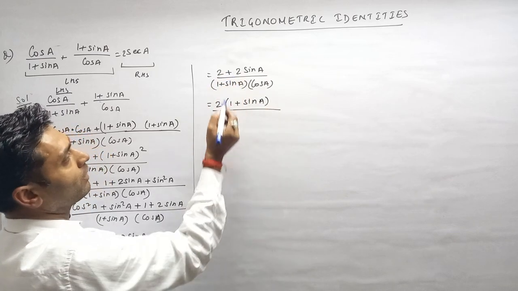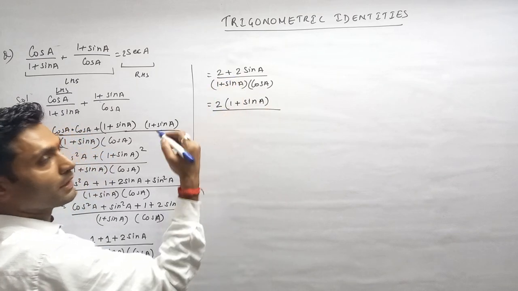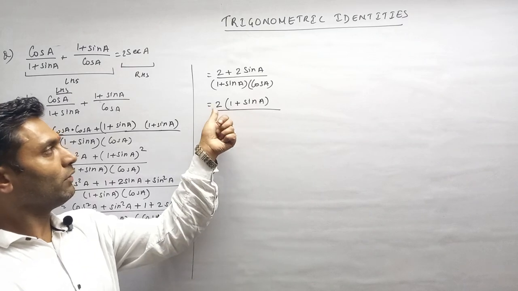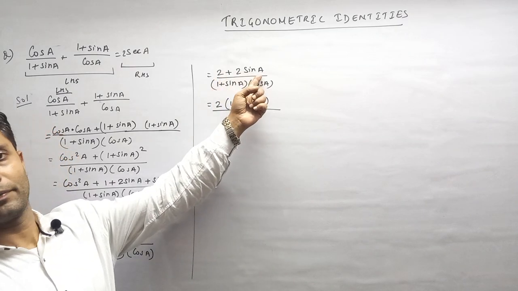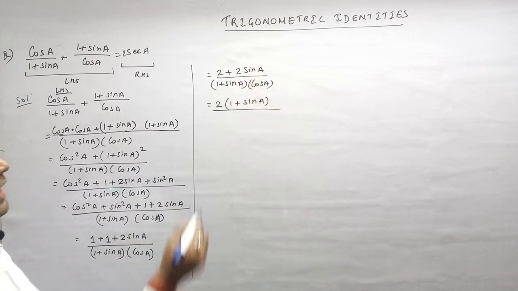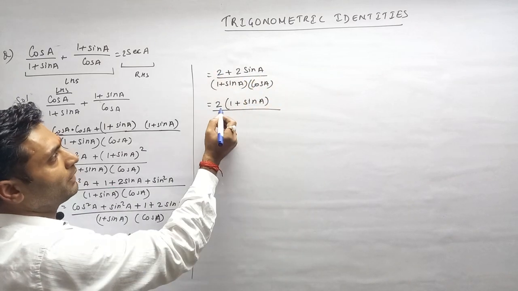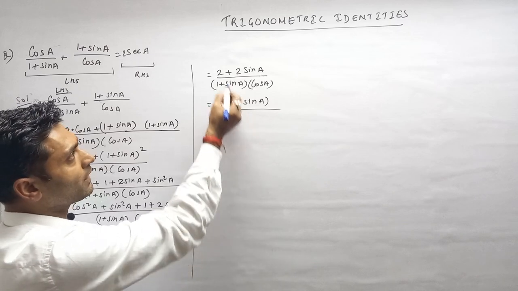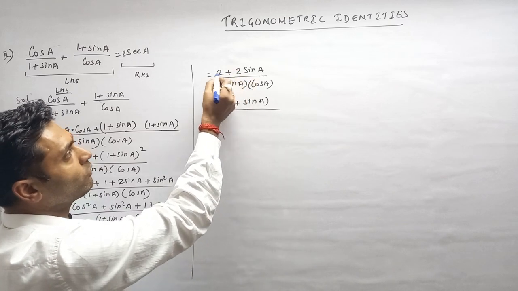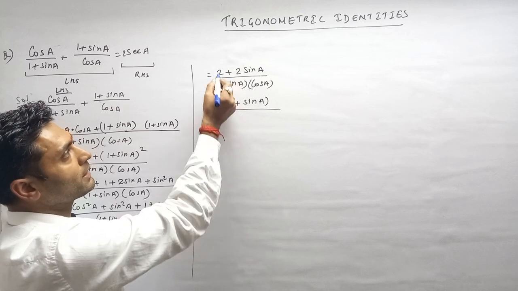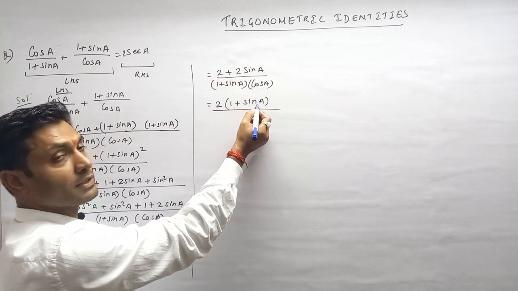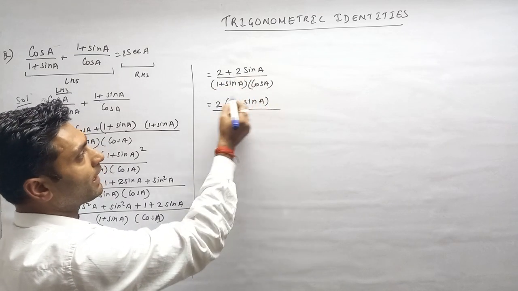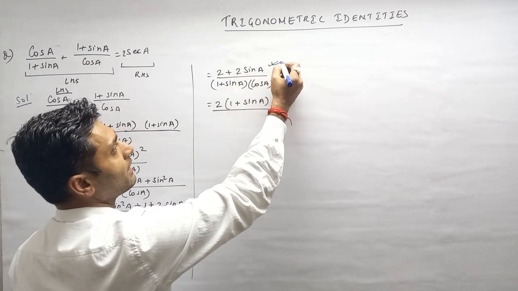If I take out 2 common, then this 1 will be left, because when you open this bracket, you need to get same as what we have written here. Now there are some students who say, if I have taken out 2 common, then nothing is left out here. No, it's wrong. Because if you take out 2 as common factor, then 1 is left. Because 2 into 1 is equal to 2 and 2 into sine A is equal to 2 sine A. When you multiply and open the bracket, you should get same as this numerator.